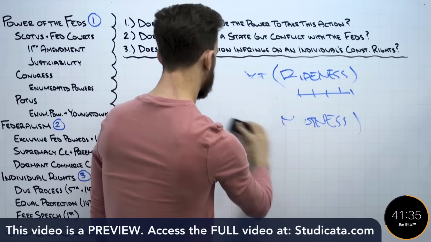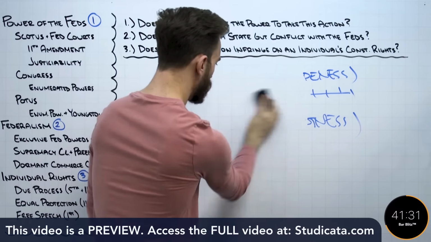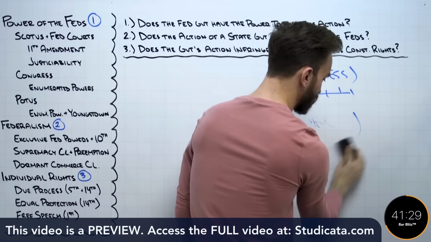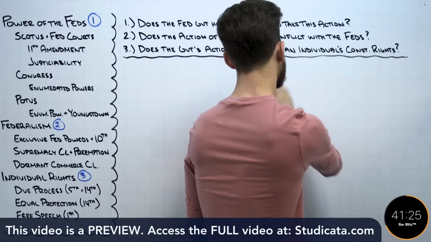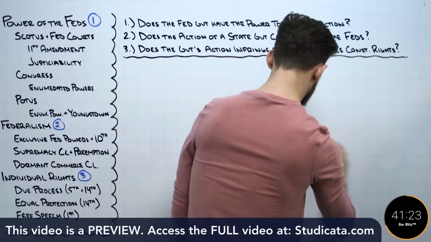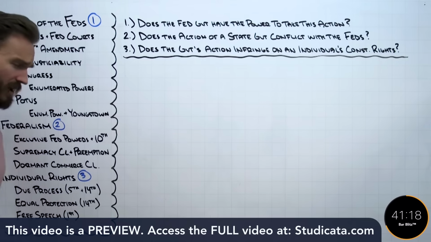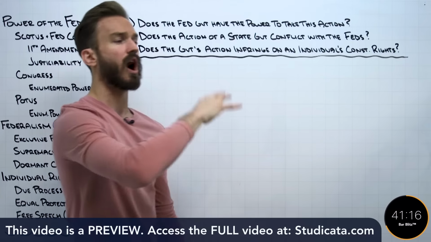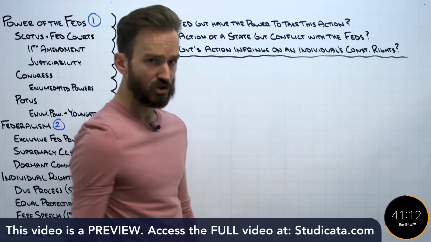Next, we have Congress and the enumerated powers. What we're thinking about on a bar exam fact pattern is, anytime we see Congress passing some kind of law, it's very common. The bar examiners will tell you Congress has enacted a Federal Gun Safety Act, and they'll start telling you about the act.